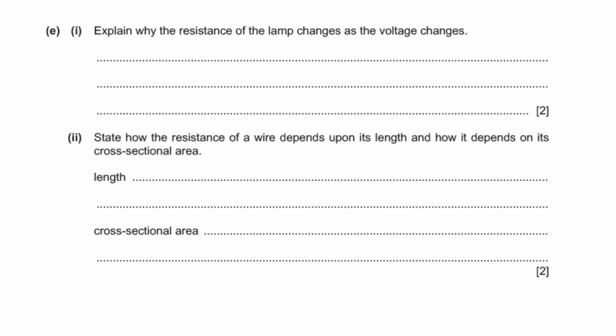Okay, next part E. Explain why the resistance of the lamp changes as the voltage changes. As the voltage changes, the current in the filament also changes. It produces I squared R losses that heat up the filament. Heating of the filament results in a change in temperature, and as the temperature increases, the resistance of the filament increases.